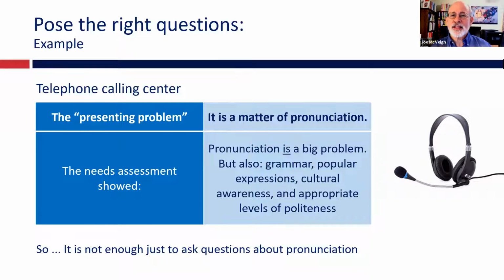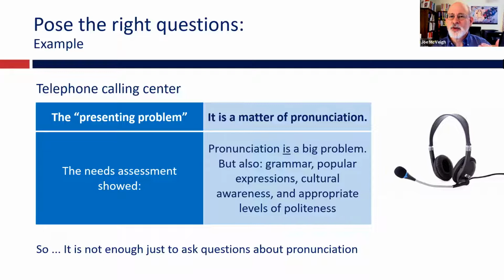But when we did the needs assessment, it showed us that yes, pronunciation was a difficulty, but there were also some other issues: grammar, using popular expressions, cultural awareness, and speaking with appropriate levels of politeness. These were other things that the learners needed. And if we had listened only to what we were told, you know, the problem is pronunciation, and we only asked questions about pronunciation, we would never have gotten to these other areas.